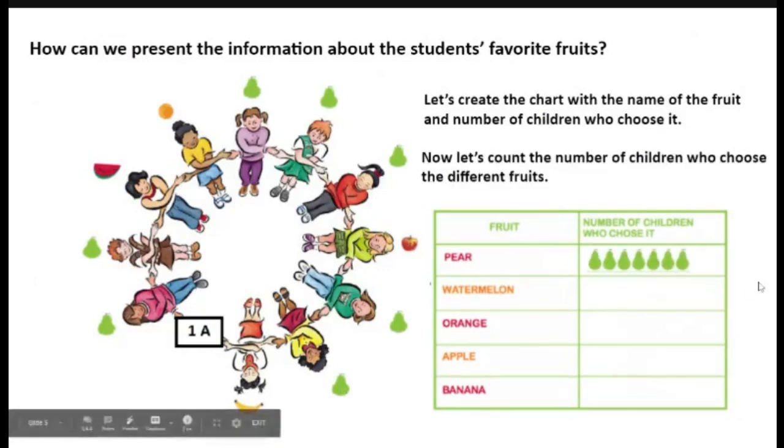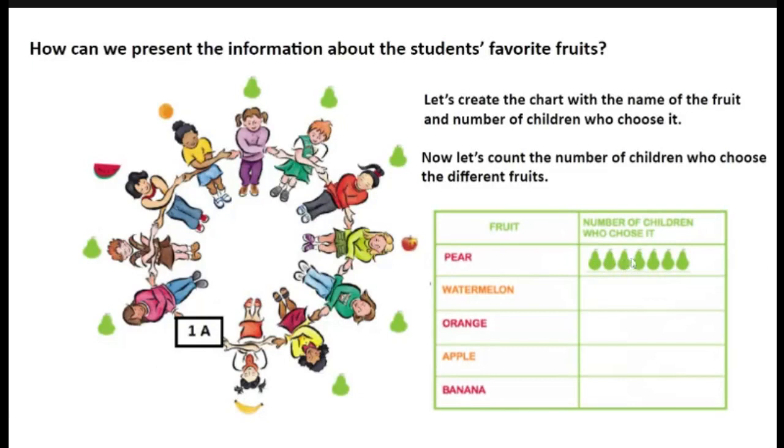So let's draw 7 pears. 1, 2, 3, 4, 5, 6, 7. So we can present now that 7 children like pears. Let's look at the watermelon. How many children like watermelon? Let's look.